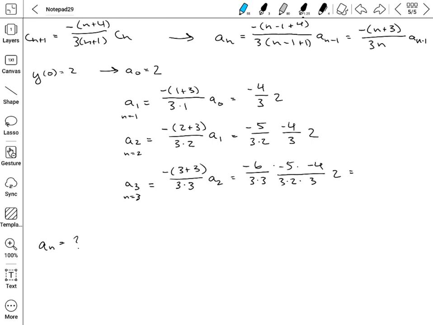So I'm going to pull out that I have a minus 1 there, and then up top I've got 6 times 5 times 4. And then on bottom, let's see, 3, 3, 2.